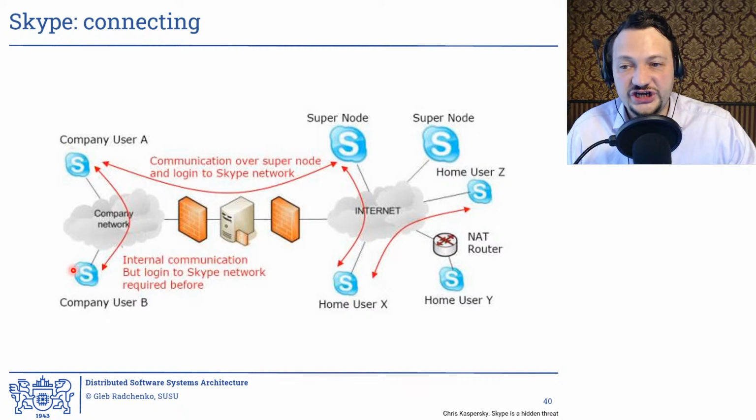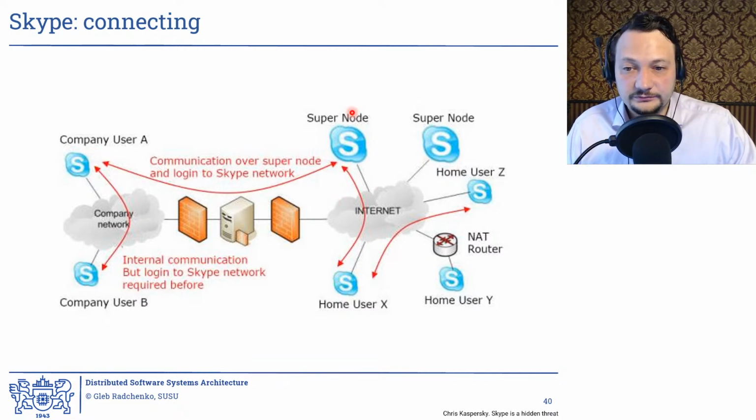Everything that they share, for example the voice call they organize, would stay inside the network and would not go to the internet. But of course, before they can start communicating, they both need to connect to the Skype network, to the index, and send the information that they are in this network and have this IP address. Afterwards they can communicate with each other.